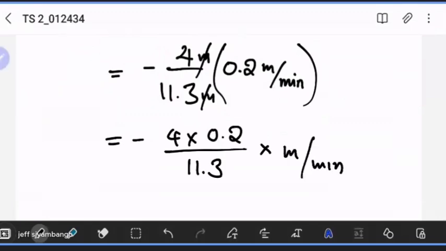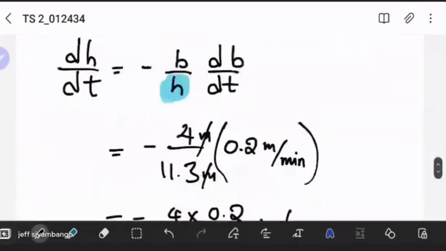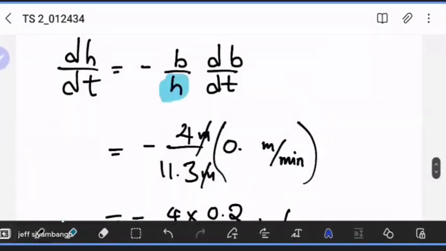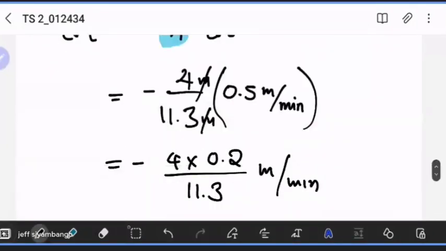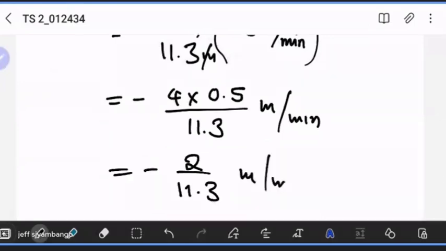I don't even have to put this multiplication. Sorry, it's supposed to be 0.5 meters. Oh, sorry, yes, this is 0.5. Okay, so this ends up giving us minus 2 over 11.3 meters per minute.